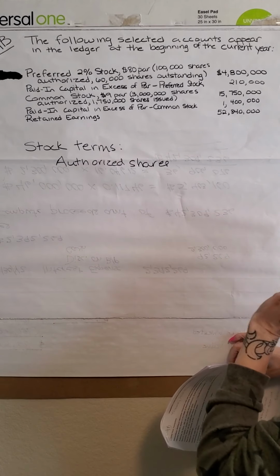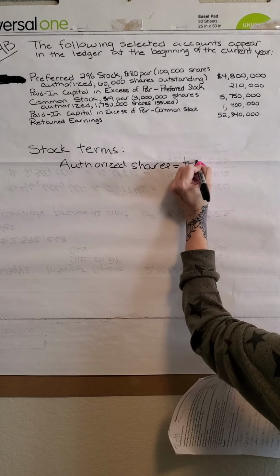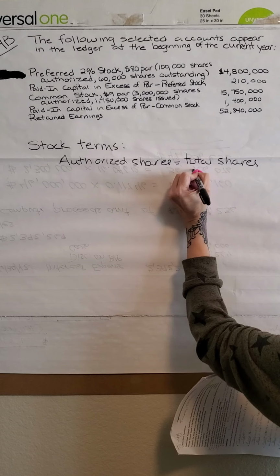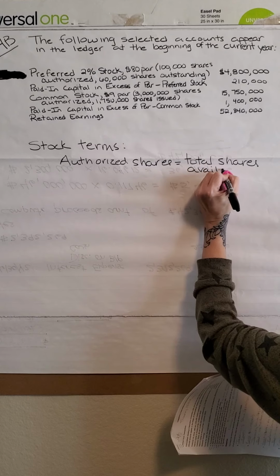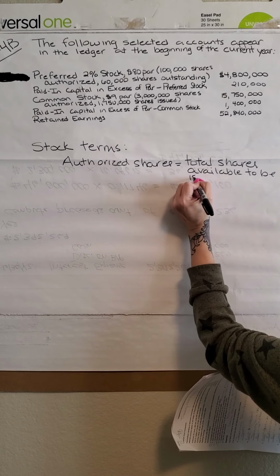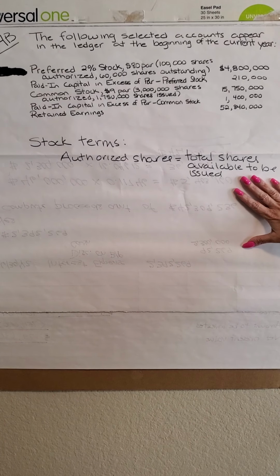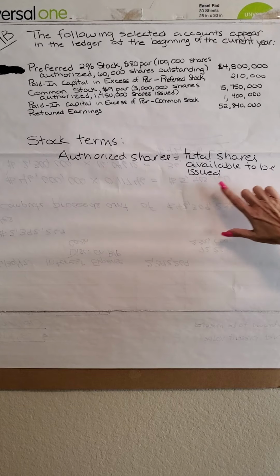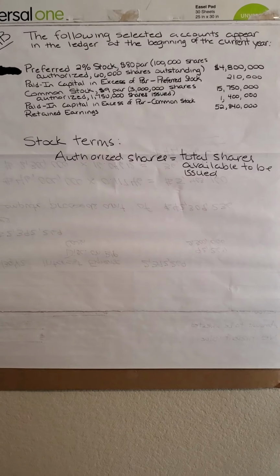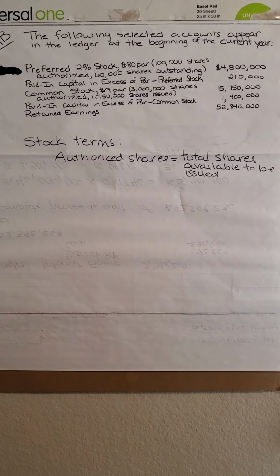This is the amount that is in the Articles of Incorporation. So it's total shares available to be issued. The Articles of Incorporation will list the total shares that can be issued. That's the authorized shares. The company can't sell any more shares of stock unless they file an addendum and have it approved.